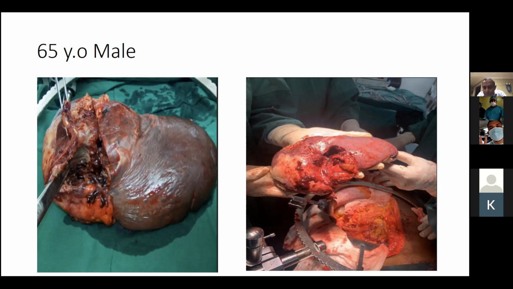Do you routinely leave drains, like in cases where you are worried about going near the pancreas? Good question. Most of us here, we do. Would you leave a drain post splenectomy?